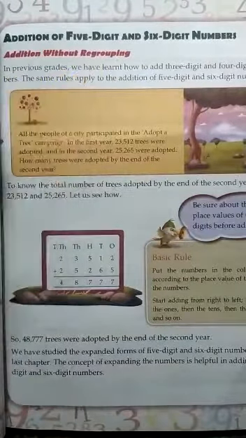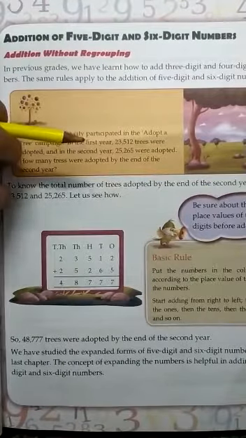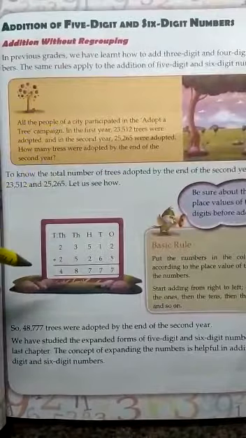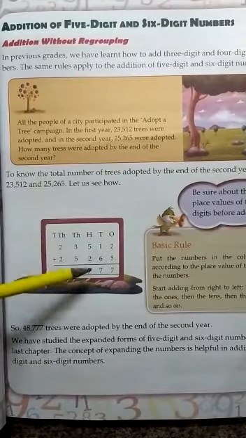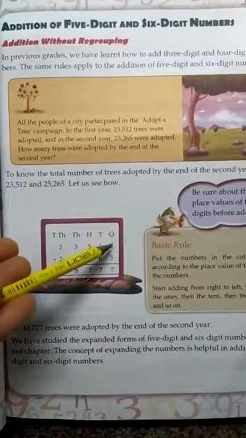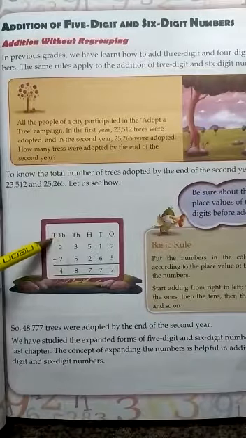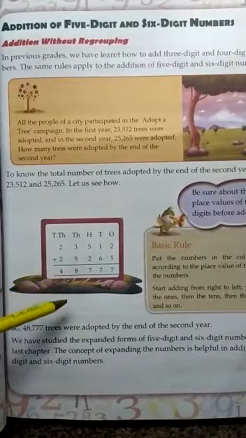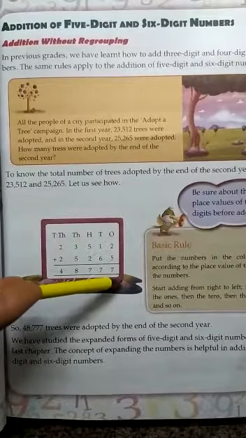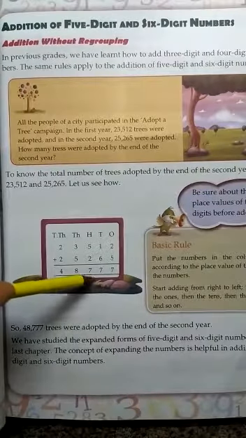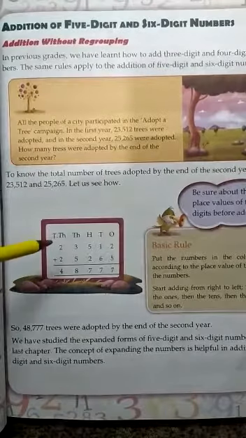Addition with regrouping. The first basic rule is that we first place the number on a place value chart: ones place, tens place, hundreds place, thousands place, ten thousands place. Then we write the number and add. When we add, we start from the right hand side, means ones place, then tens, then hundreds, thousands, ten thousands. This way we will add.